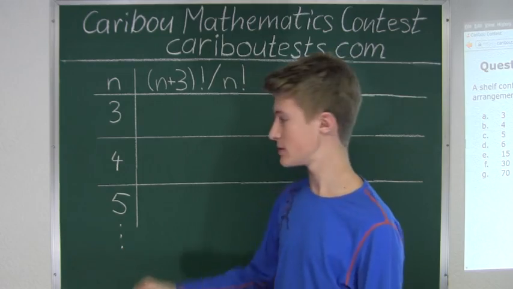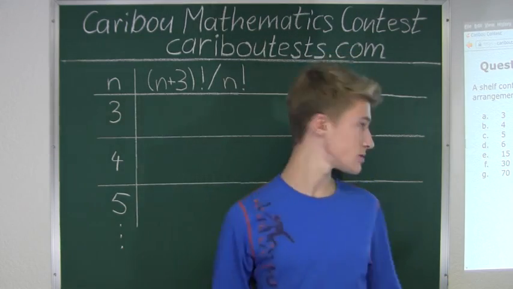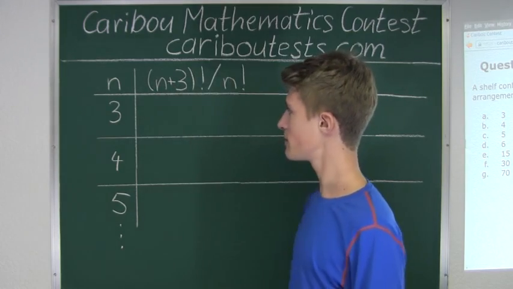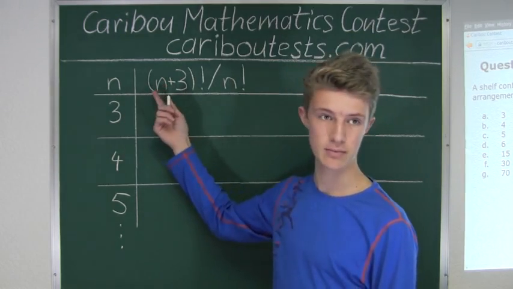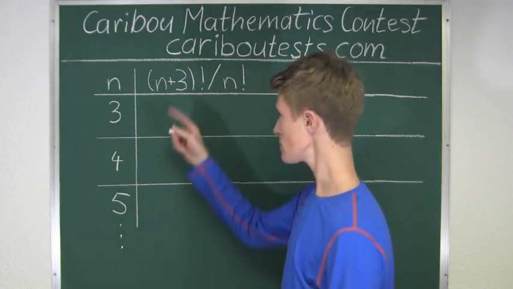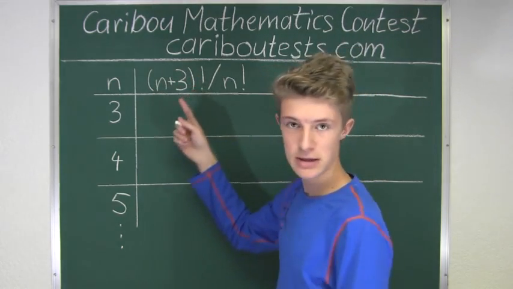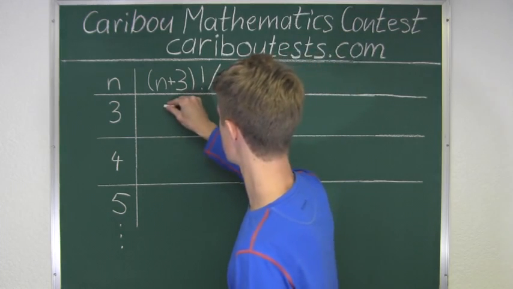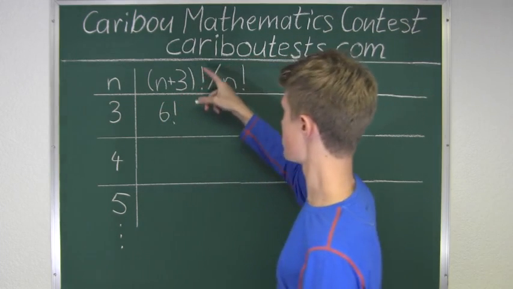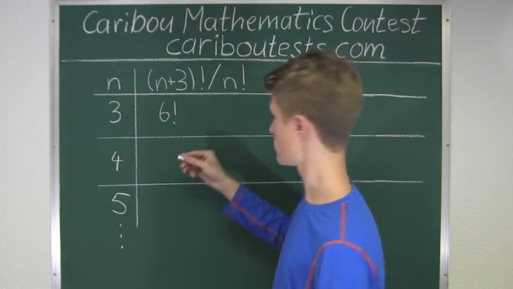Okay, so now let's substitute in the smallest answer, which is 3, into this formula. So we will have 3 as n, because 3 will be the original number of books. Therefore, we have 3 plus 3 is 6 factorial, and this is divided by 3 factorial.